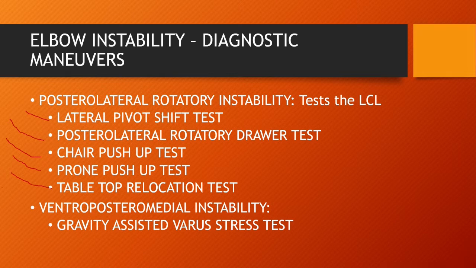And then for the assessment of the opposite, which is posteromedial rotatory instability, we're going to use the gravity-assisted varus stress test. Okay, so let's talk about these different tests.